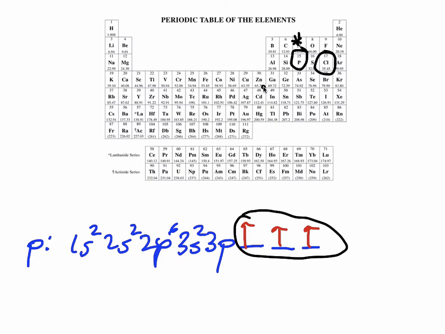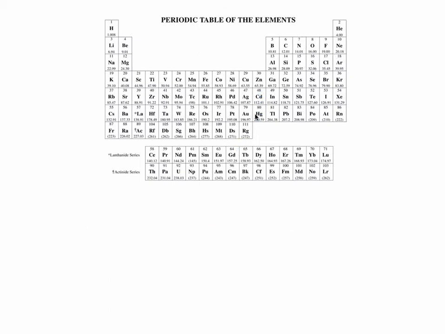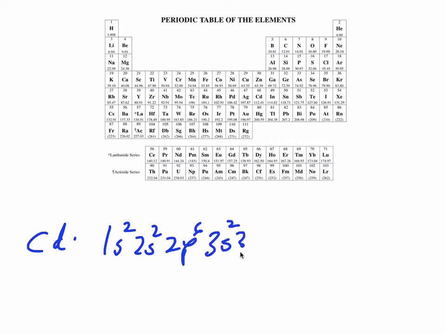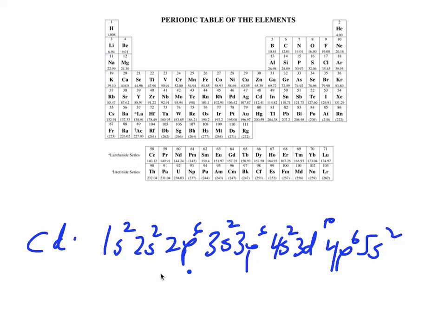Now let's look at something like Cd. So for Cd: 1s2, 2s2, 2p6, 3s2, 3p6, 4s2, 3d10, 4p6, 5s2, 4d10.